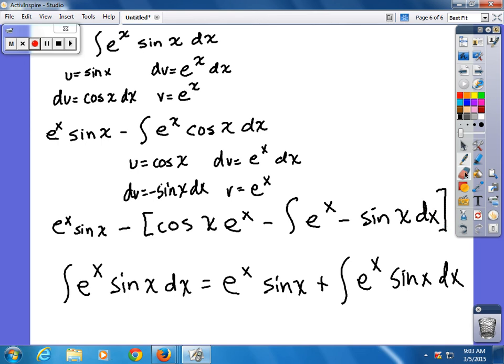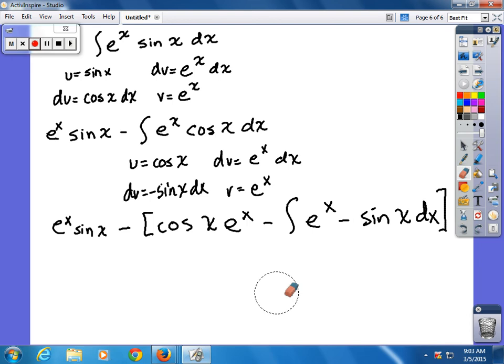Just erase that bottom part so I don't get mixed up. There, that looks a little bit better. Of course, that negative can come out, and that'll make that a plus. And that would be just multiplication there.